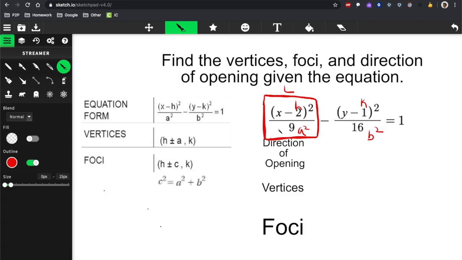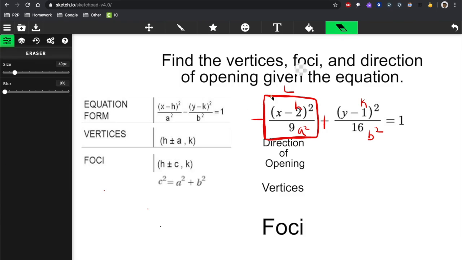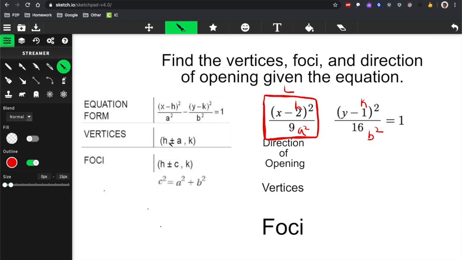So since this term is positive, that means that this is going to be a horizontal hyperbola. But if this term was negative and this was positive, then this would be a vertical hyperbola. And that would lead to a different set of equations, which I'll get into later on.